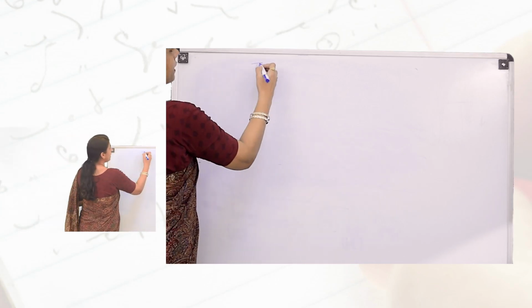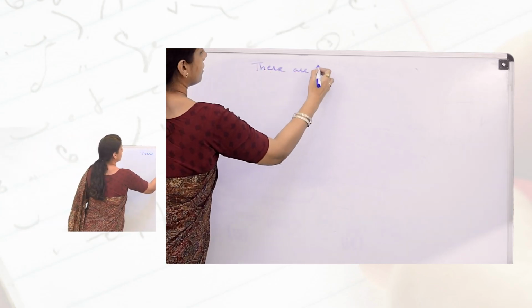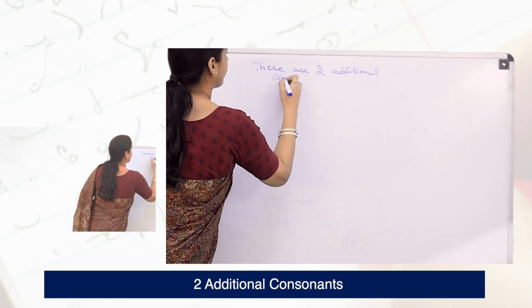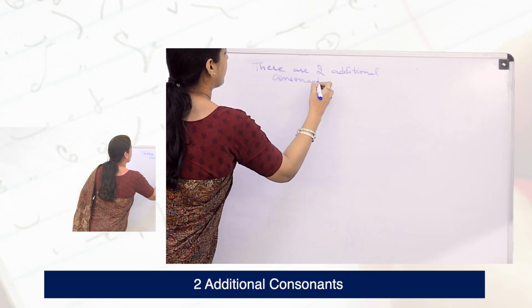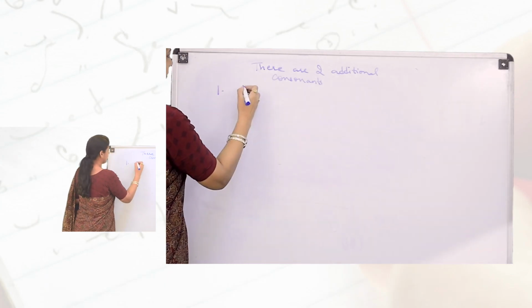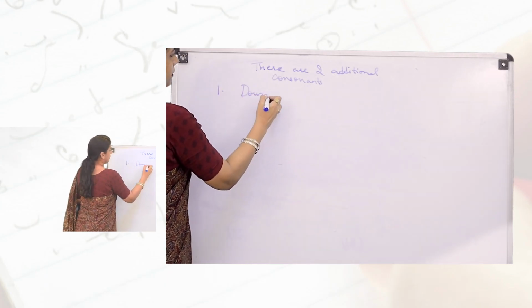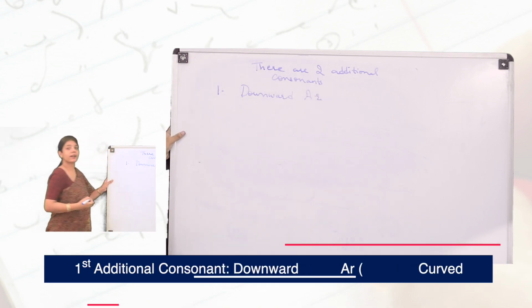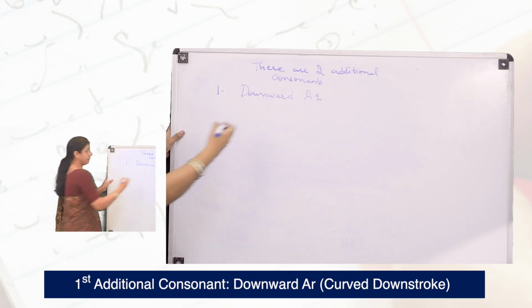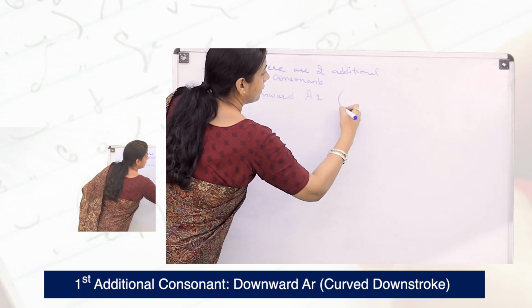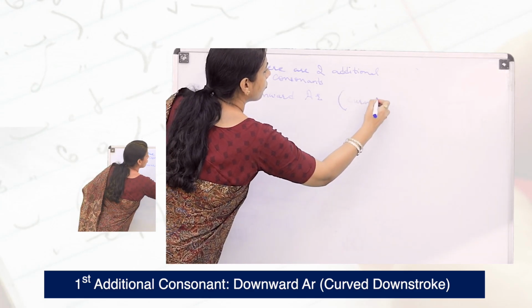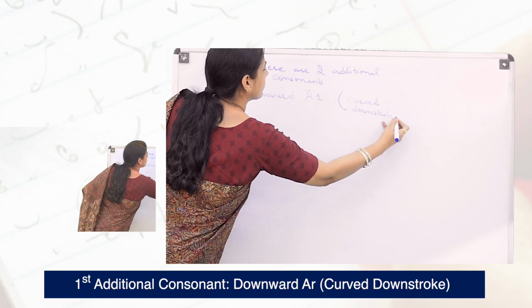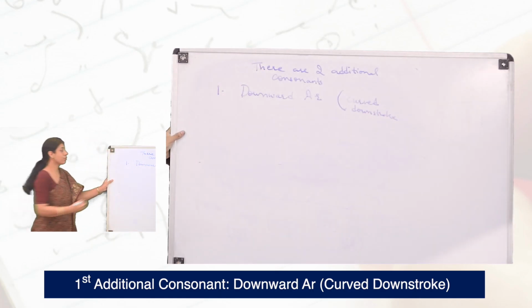Now there are two additional consonants. The first is called downward R, and this comes under the category of curved downstroke.